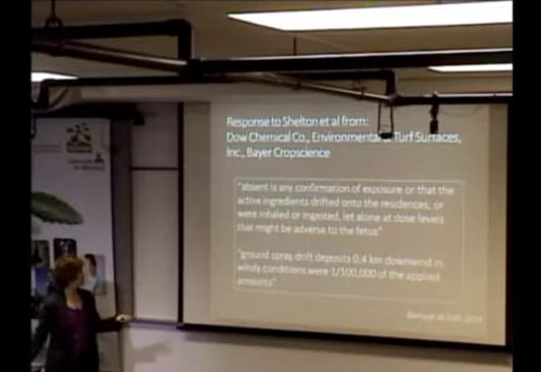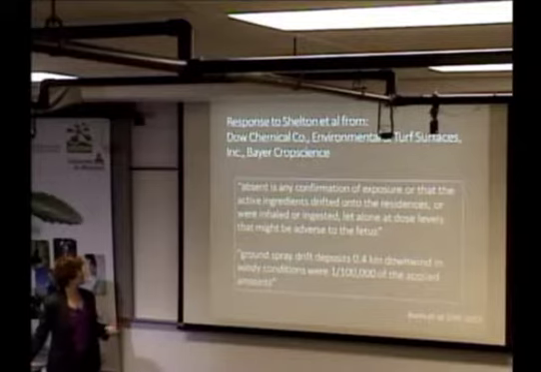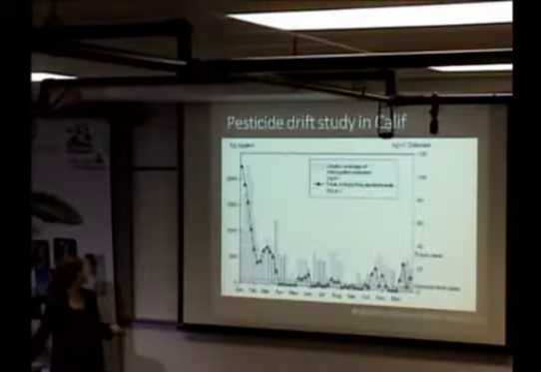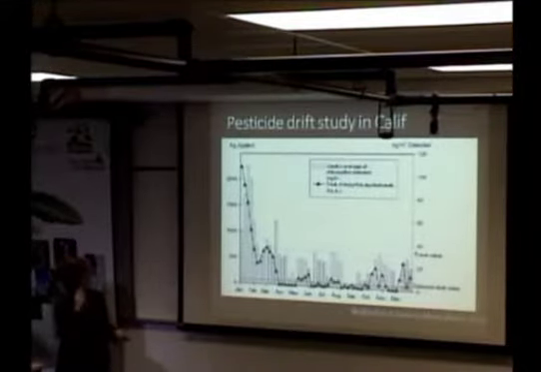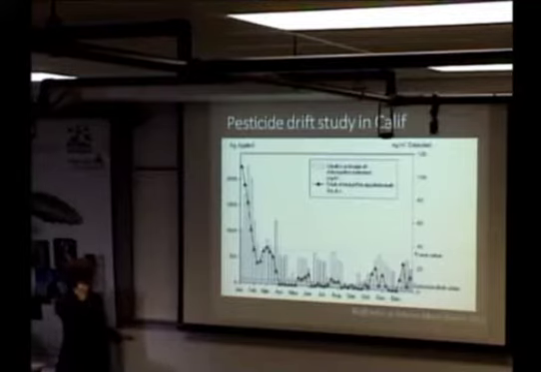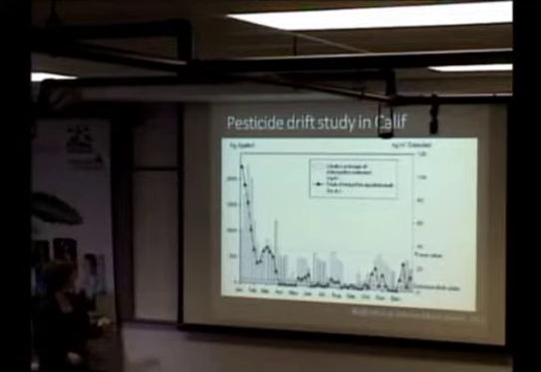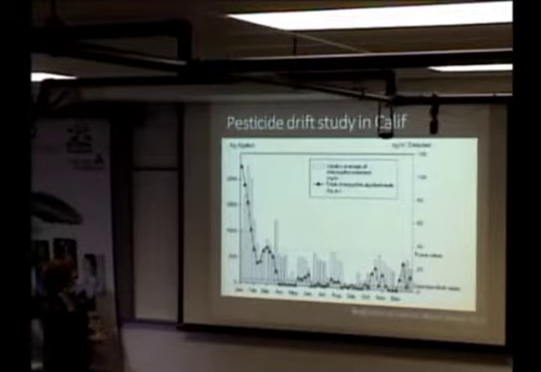And they claim that they've already looked at this, and that ground spray drift only deposits 1/100,000th of the applied amounts at 0.4 kilometers downwind. However, there was a study that came out that same year that was done in California, looking at that database that we use to assign exposures, and so that's what the bars are.